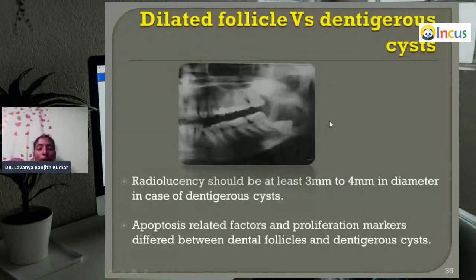A normal or dilated follicle should be 2 to 3 mm. If it is at least 3 to 4 mm or 5 mm, it will be called a dentigerous cyst. Some apoptotic factors and proliferating markers can also help in differentiating a dentigerous cyst from a dilated dental follicle.